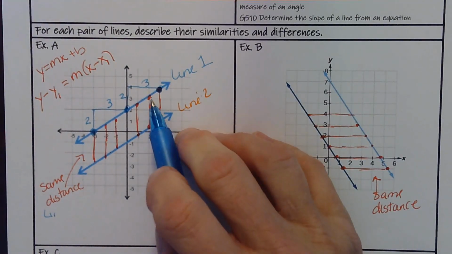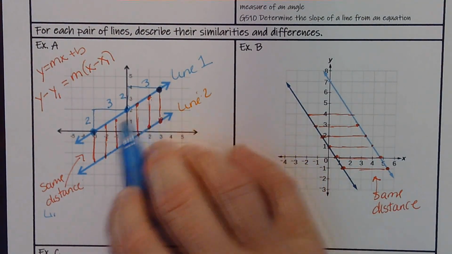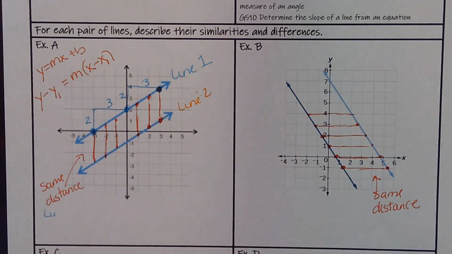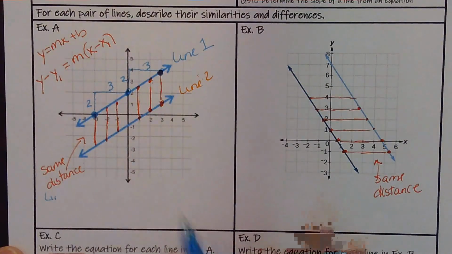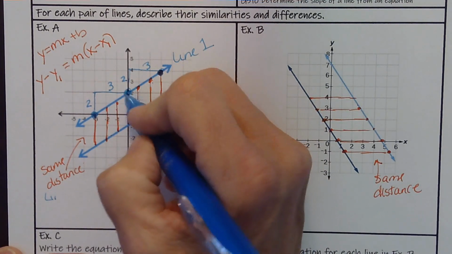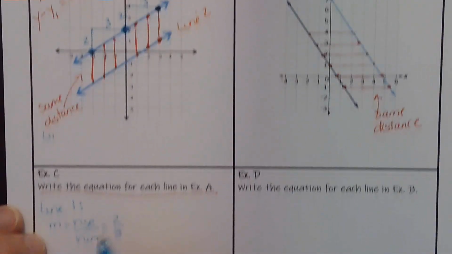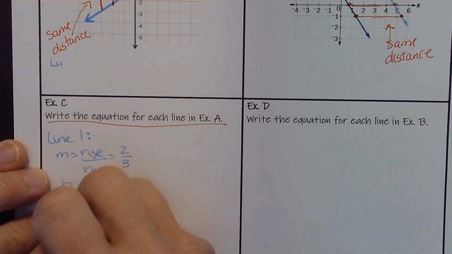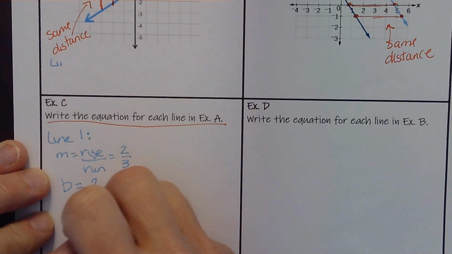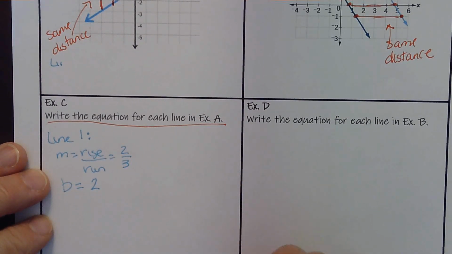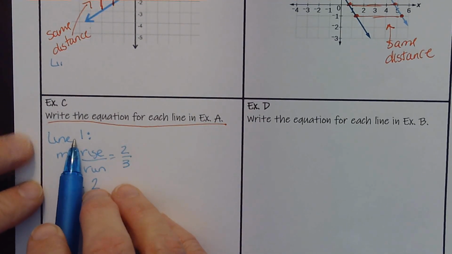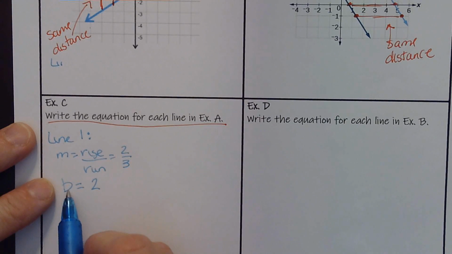So this line right here has a slope of 2/3. So line 1's slope is 2/3. The y-intercept is a point that we can determine from the graph, and that is at 2. So the y-intercept, b, is 2. So we have enough to write the equation for line 1. I've got the slope, I've got the y-intercept.